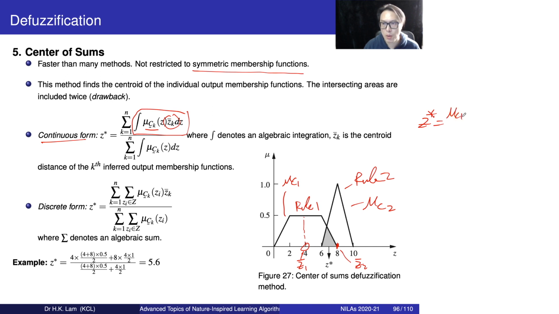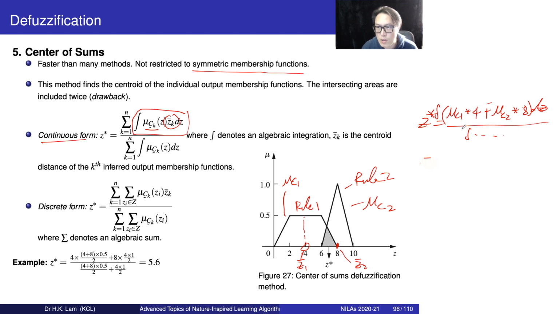And now what we are going to do is apply this membership function like this. Mu c1 times z1 bar, that is 4, plus mu c2 times 8. All of them, we are going to take the integration dz. We still have the lower part right here.